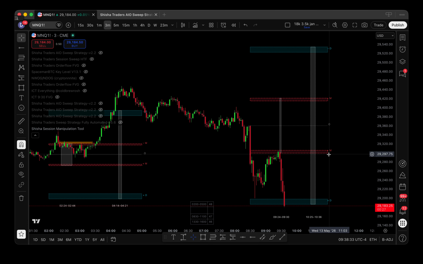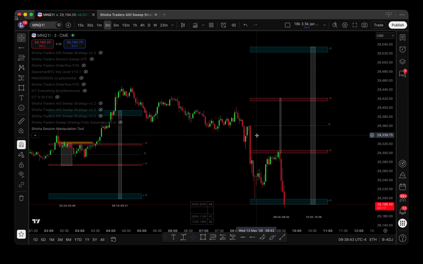We wanted to accumulate, open, manipulate to this manipulation level. This level here is the average price where every single New York AM session that happened.